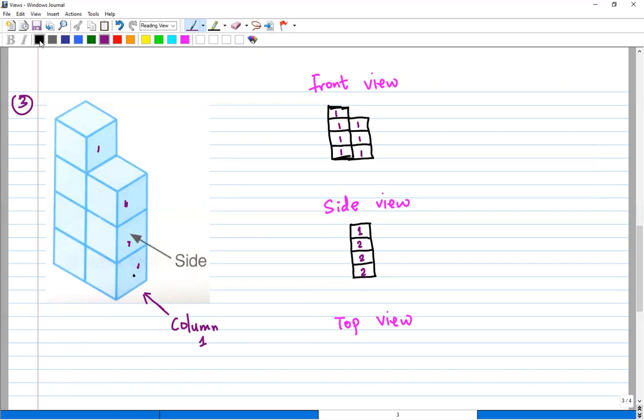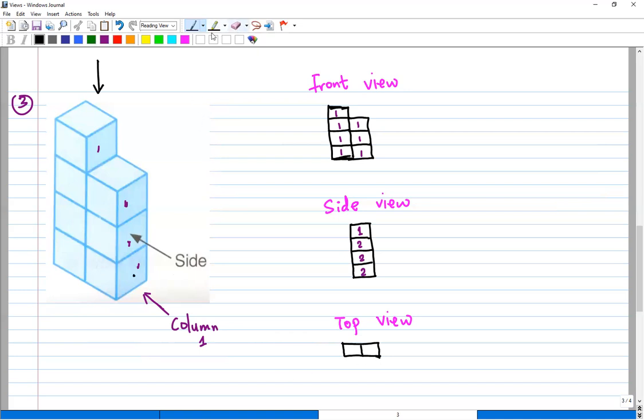Now, for the top view, once you view this figure from the top, you will only see one column. You see one column, but with two levels. So that's why we will draw it like this. Okay.